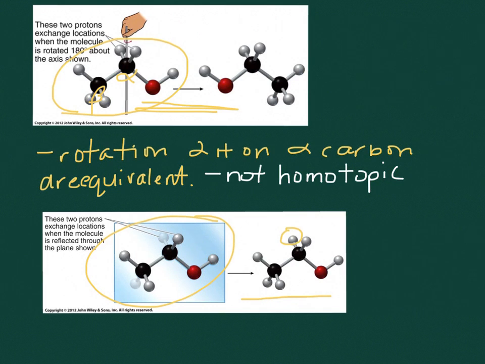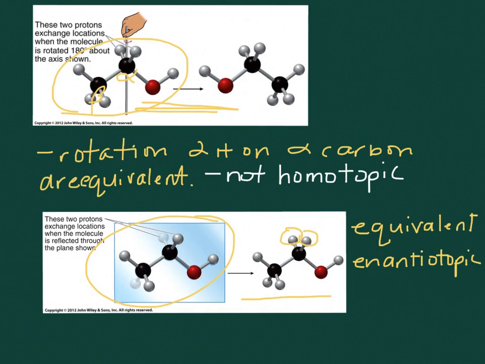Therefore, these two hydrogens are equivalent, and they are classified as enantiotopic. And they are equivalent through reflection. Once again, if you're having problems looking for planes of symmetry, you can do a replacement test.